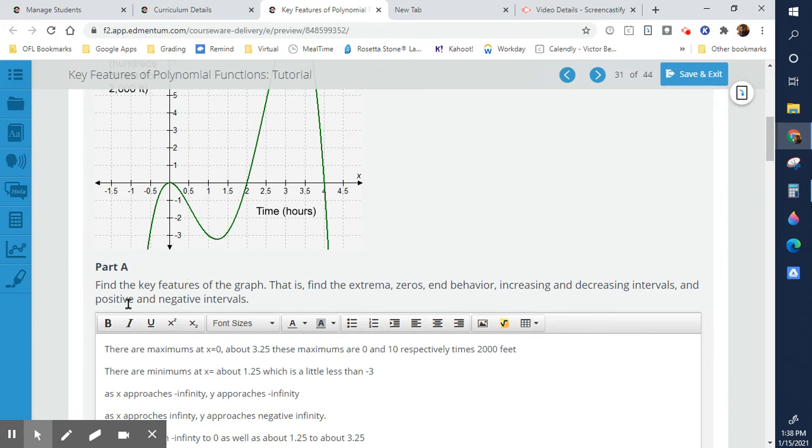So from negative infinity, from the beginning of time as far as we know, all the way until 0, it's increasing. And it's also going to increase from 1.25 all the way until 3.25. And then we're also going to talk about when it decreases. So it decreases from 0 all the way to about 1.25.